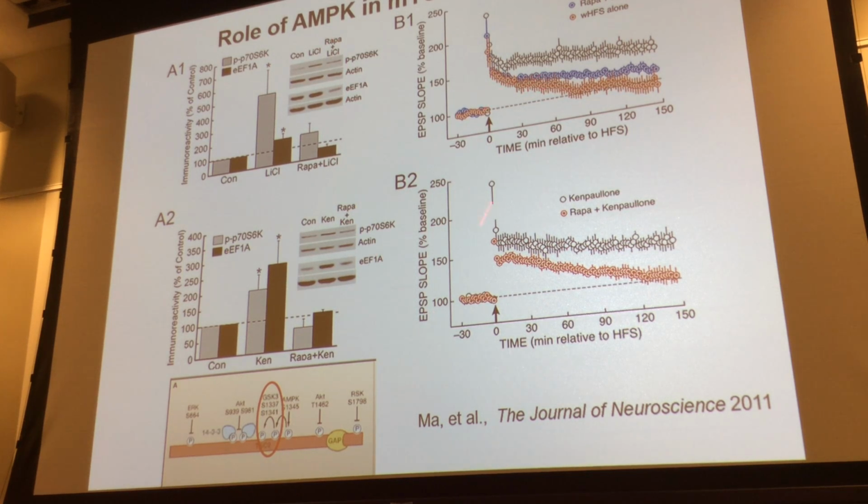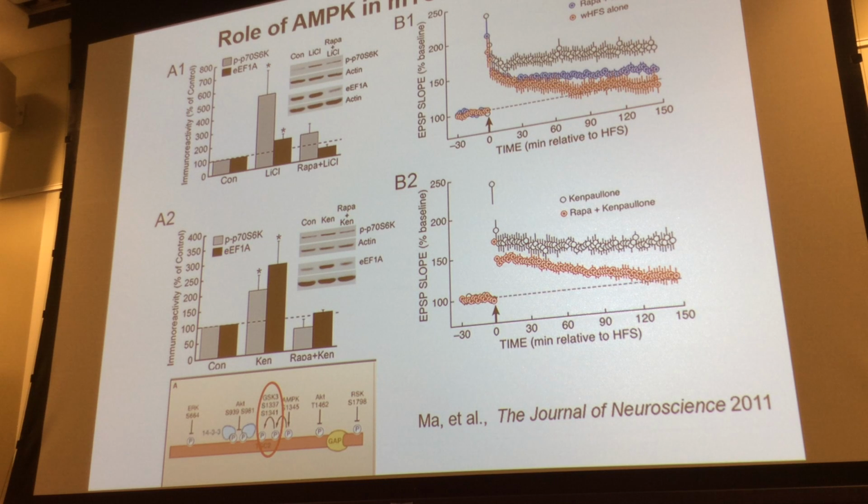And what about the functional side? Here's some LTP study. This is a little bit more sophisticated, so if you're interested, you can go to the paper. This is one of my best papers. If you apply lithium and give a weak HFS, which usually induces a decremental LTP, the LTP is actually rescued.